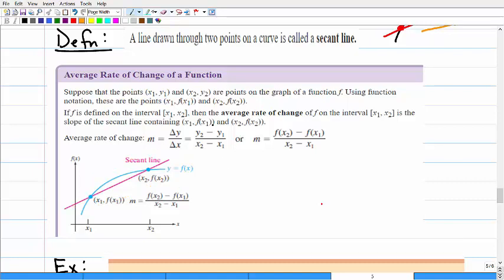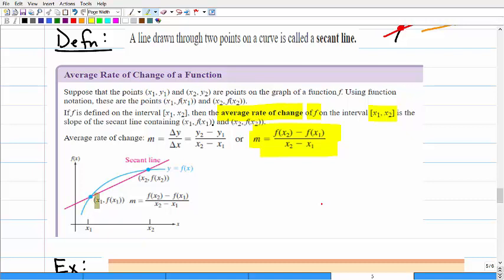So if I were taking this class, I would say, okay, the average rate of change of f from x1 to x2 is that: f of x2 minus f of x1 over x2 minus x1. That is nothing more than the slope of the secant line. Average rate of change equals slope of secant line.